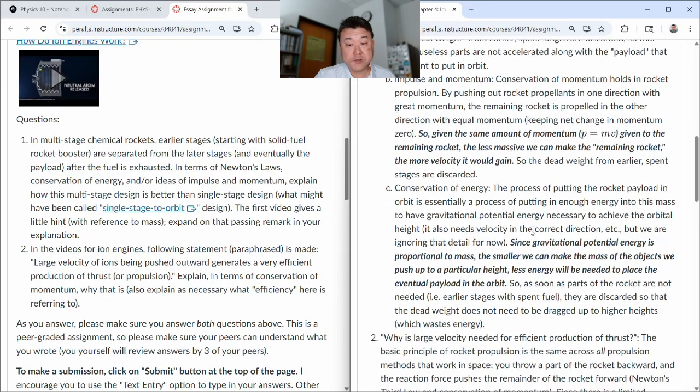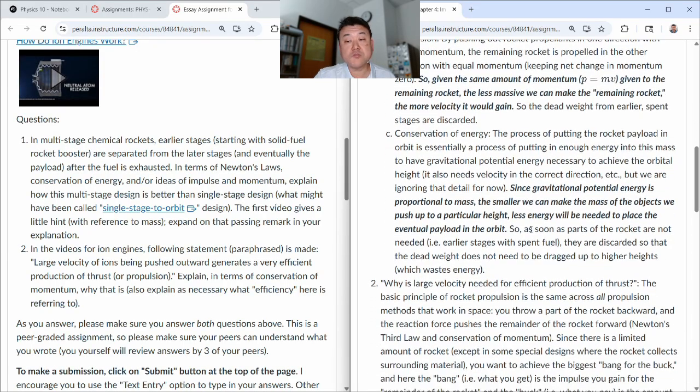C, conservation of energy. The process of putting the rocket payload in orbit is essentially a process of putting enough energy into this mass to have gravitational potential energy necessary to achieve the orbital height, along with the correct kinetic energy. It also needs velocity in the correct direction, etc. But we are ignoring that detail for now.